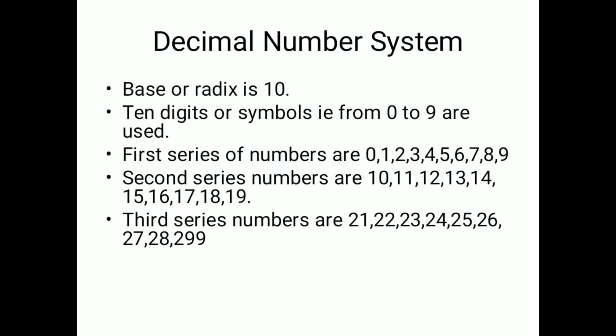Total 10. So the first series of numbers is 0 to 9, which are nothing but the 10 symbols we use to represent the numbers. The next series starts with 1, 0, that is 10, 11, 12 up to 19, and the third series 21, 22 like that.